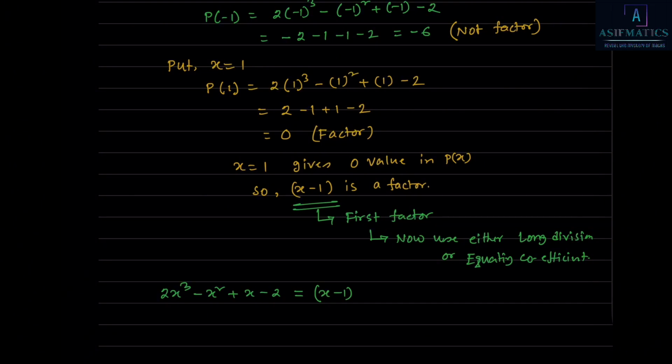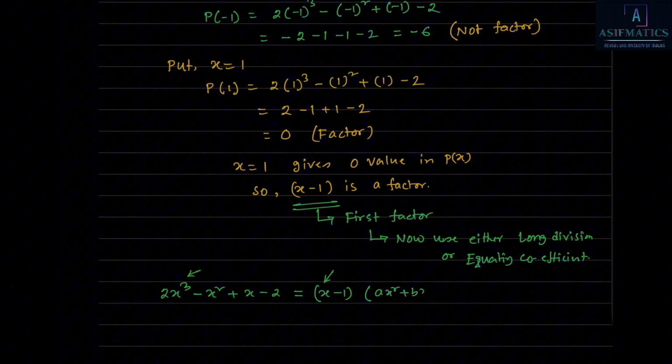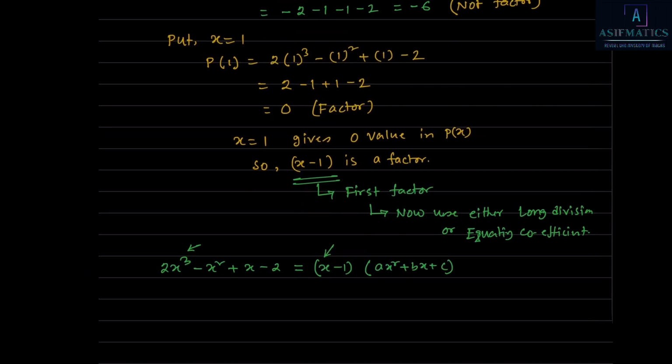Look at the remaining power: the maximum power is 3 and we took 1, so the remaining power will be x square, so we need to write ax square plus bx plus c. Now you just equate the coefficients and you can get your result. The rest of the part is same as before. I hope you can solve this one and you understand.